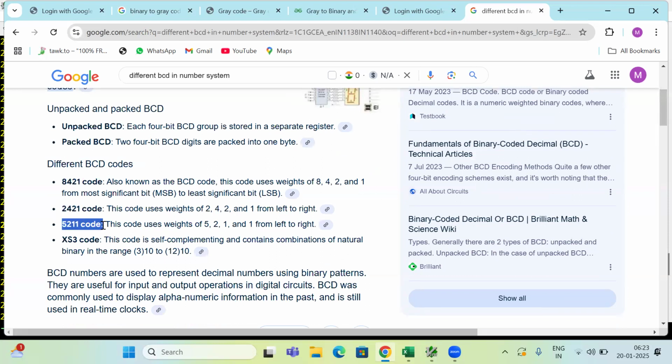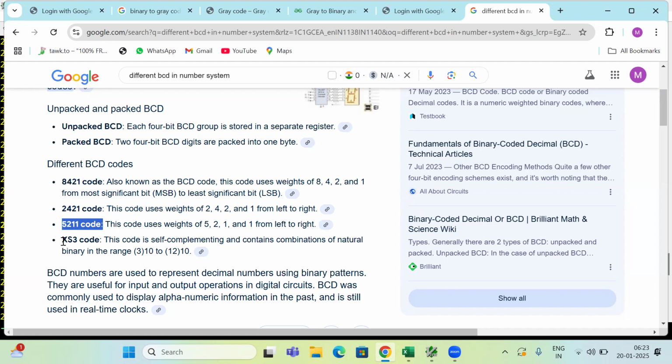Which version are we using? Whatever you said, no, the table. Which BCD version is that? Correct. You need to note down that you have different types of BCDs. Among them, whatever we learn, whatever we do, is 8421. So you can write there are different types of BCDs: 8421, 2421, 5211.